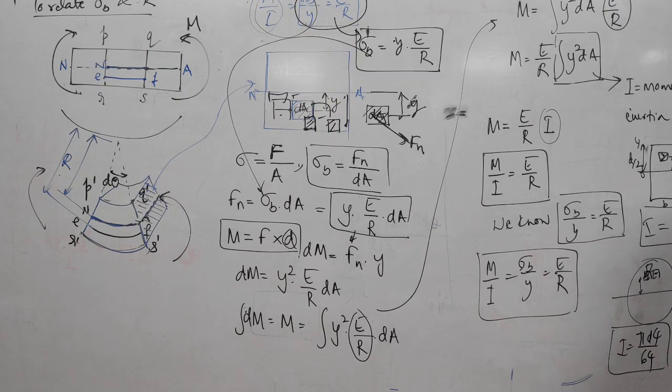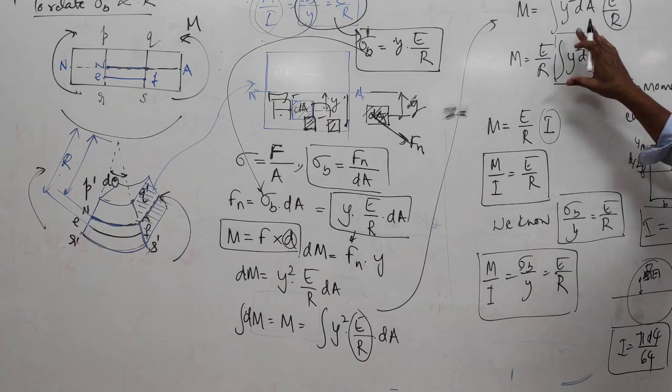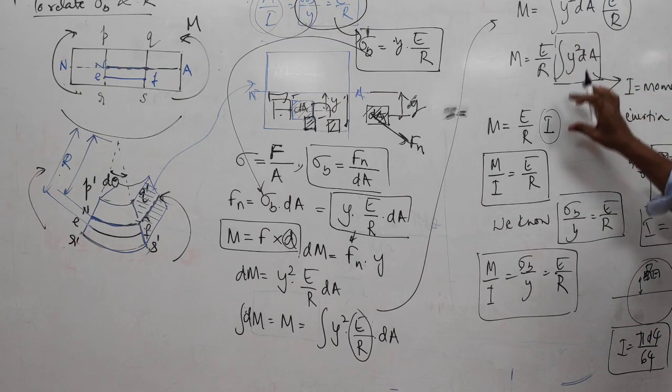J is the sum of the moment of inertia in x-axis and y-axis, that is pi d to the power of 4 divided by 32. Like this, if you try to integrate y square dA for different sections, you get different formulas. So this is actually called as I.